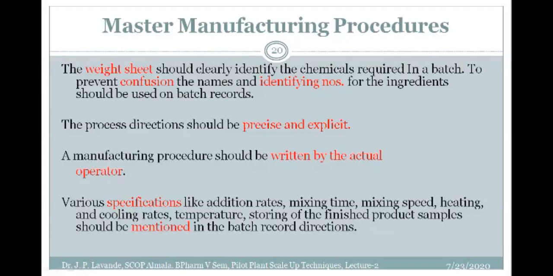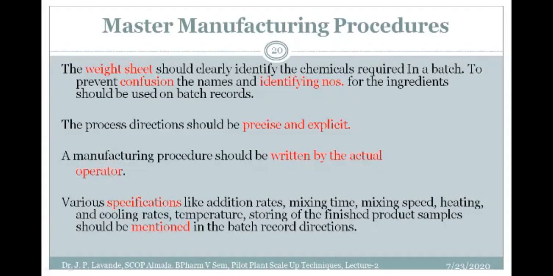The process direction should be precise and explicit. So very clear direction should be there. That should be short. Wherever required, the details should be mentioned and what are the points that need to be given due consideration. A manufacturing procedure should be written by the actual operator. The actual operator is the person who is well versed as far as handling of the equipments and the machineries are concerned.